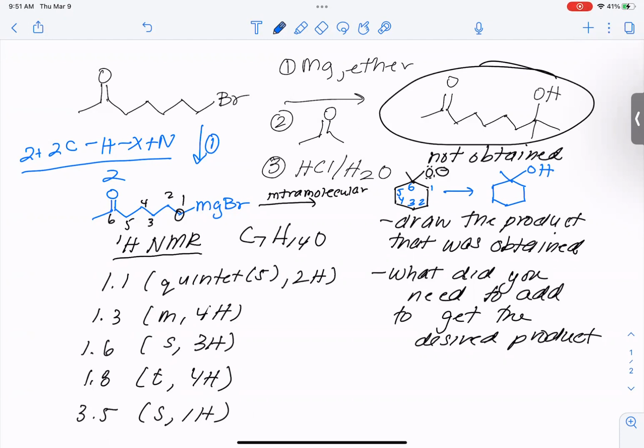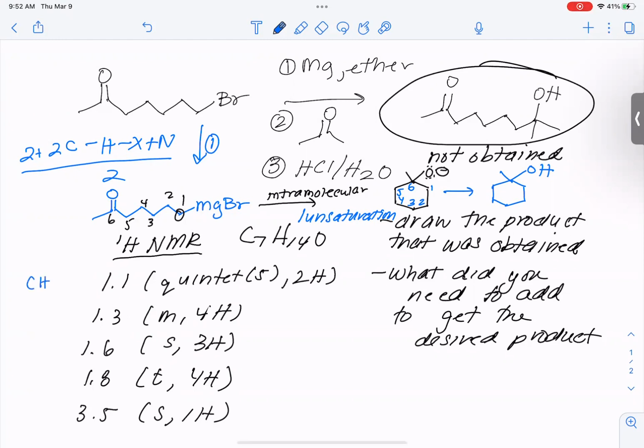Right. Now what I would do is check the NMR data. All right, so C7H14O, you should see that you have 1 unsaturation. All right, a quintet. That's two hydrogens.